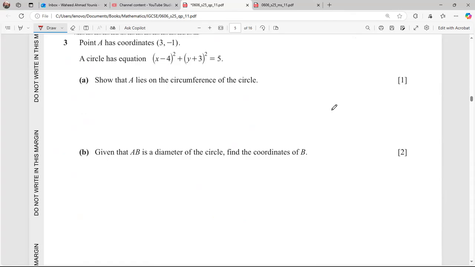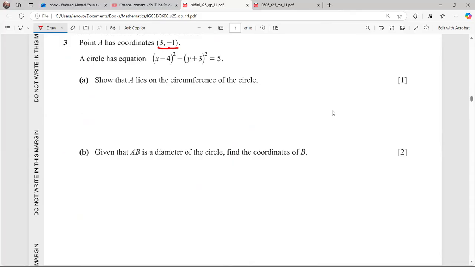Okay, this is interesting basically. We are given a point A and we are given the equation of a circle. Show that A lies on the circumference of the circle. If this point A is on the circumference of the circle, this point should satisfy this equation.